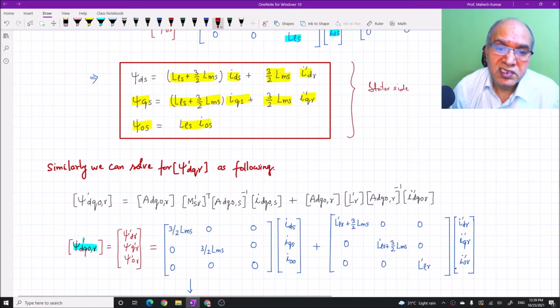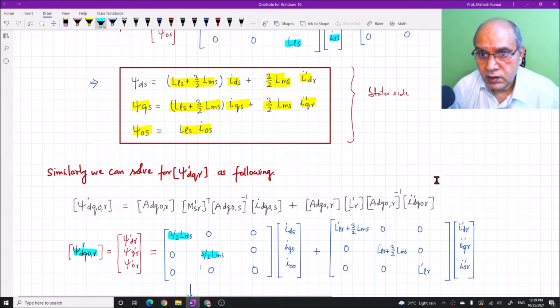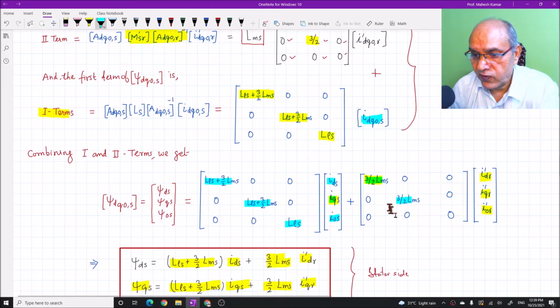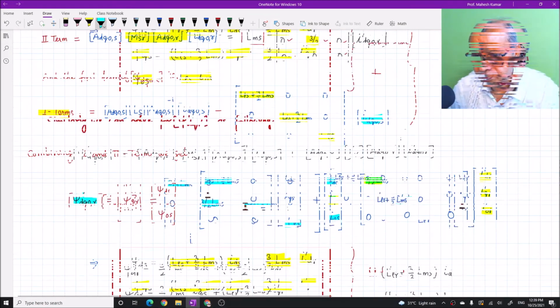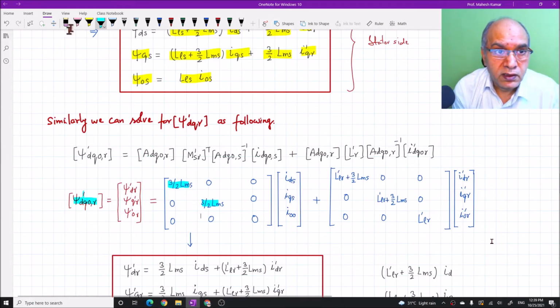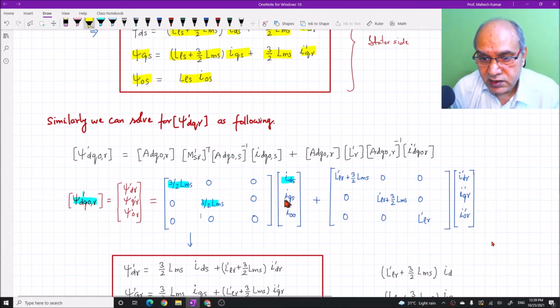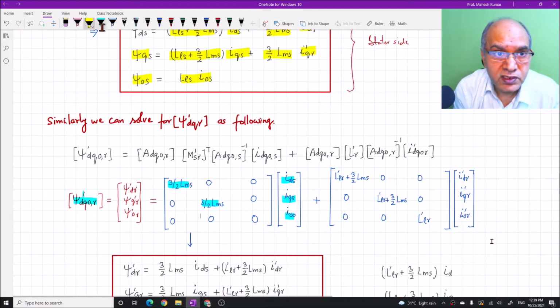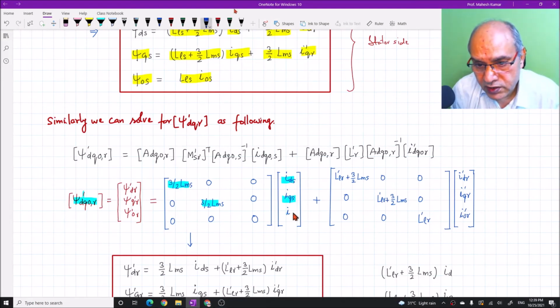So similar to the stator one, the first term has the constant term of 3 by 2 LMS, as we are looking for IDS, IQS, I0S first. So this matrix will come first for the rotor side, and the currents will be IDS, IQS, I0S.